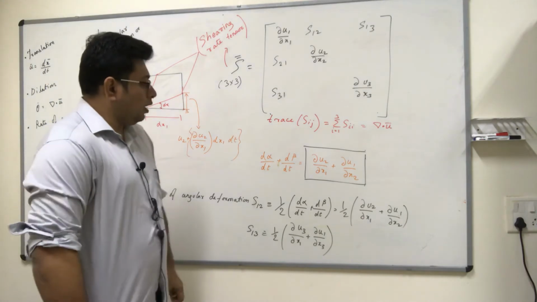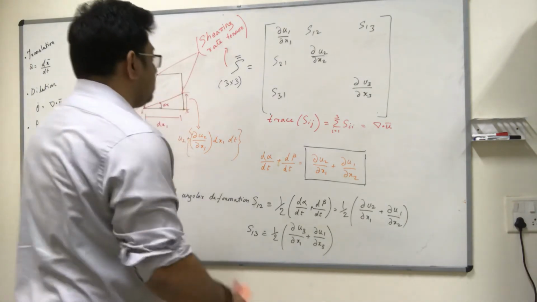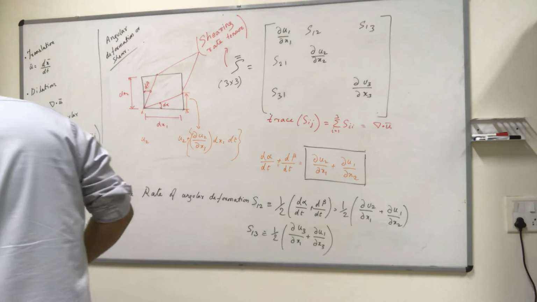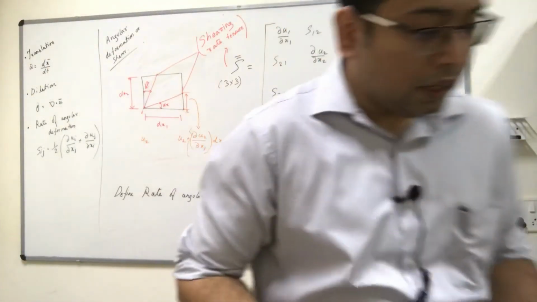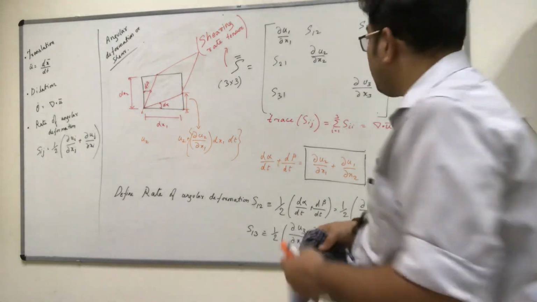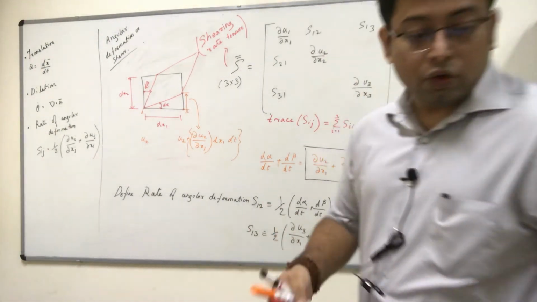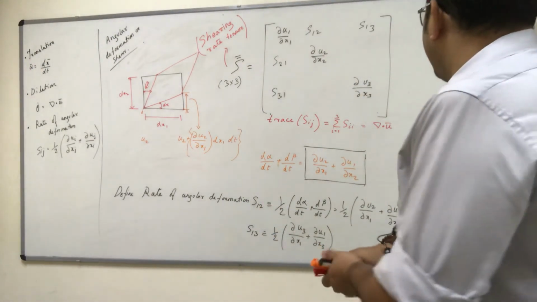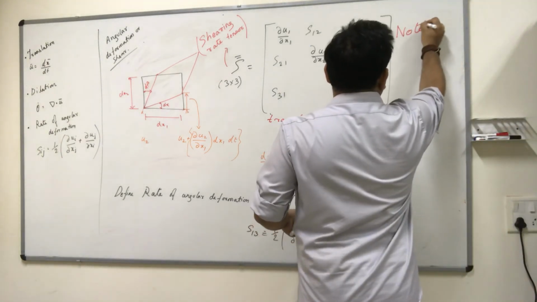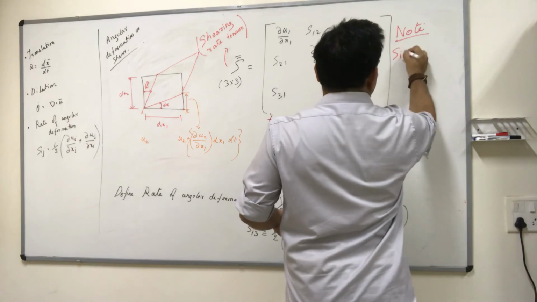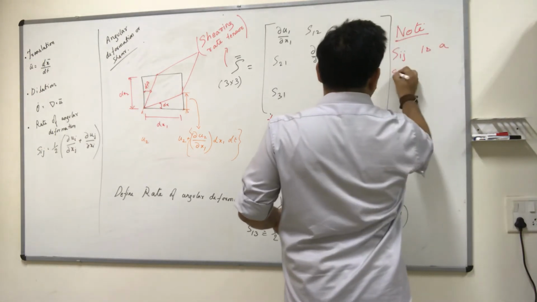I hope I have explained this well. Oh yes, there's one more thing that you should note: Sij is a symmetric matrix.